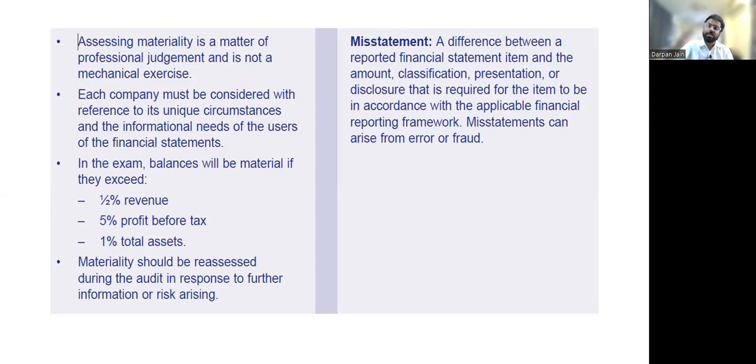So they overstated the amount of fixed assets, and it is not as per the accounting standards. The amount which is reported is different from the amount which should have been reported. As per the accounting standards, the amount should not have been included in the fixed assets, but they included it. That is nothing but a misstatement.